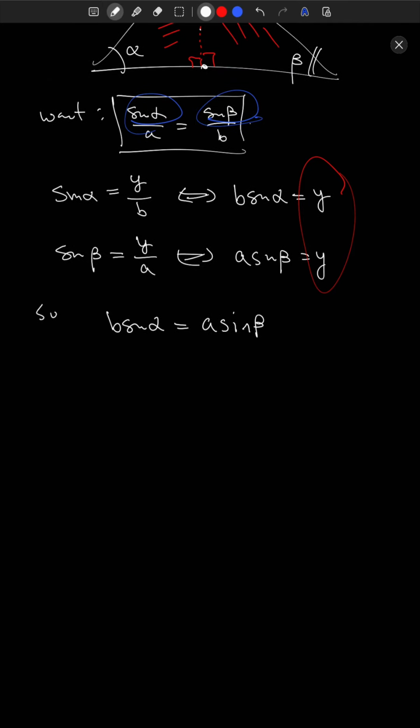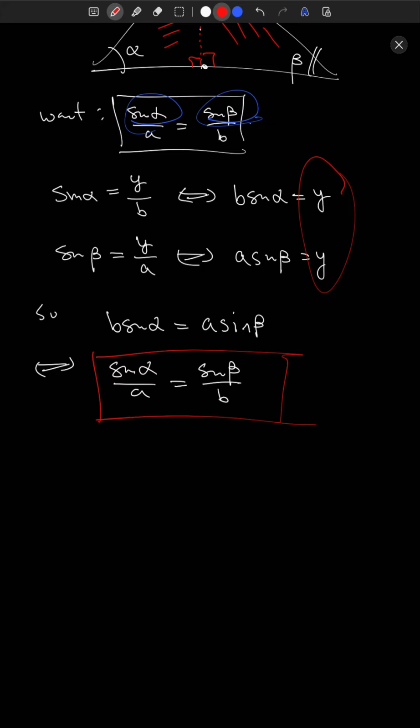And that's actually what we want, because all I have to do now is divide by b on both sides, and then divide by a on both sides. And so I get sine of alpha over a equals sine of beta over b. And that's exactly what I want. That's the law of sines that relates alpha and beta. Okay.